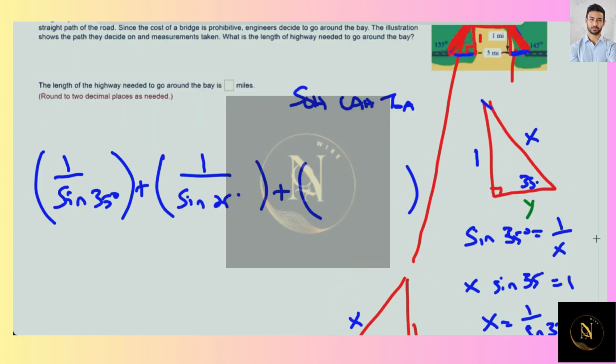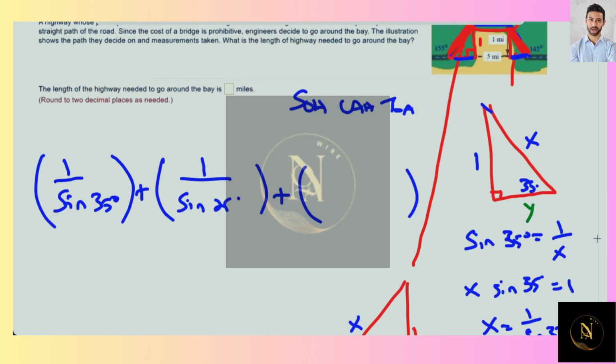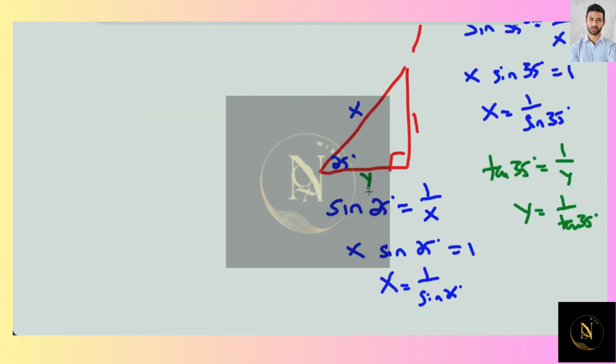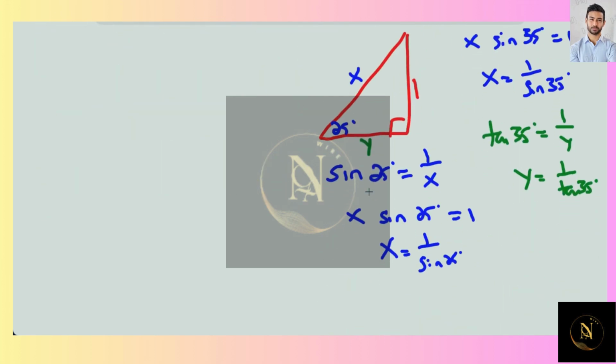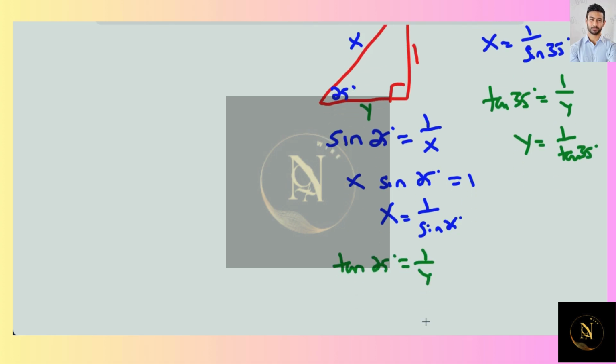And in the other triangle, if I call this y, then the tangent of 25 degrees would be equal to 1 over y, so y would be equal to 1 over tangent of 25 degrees.